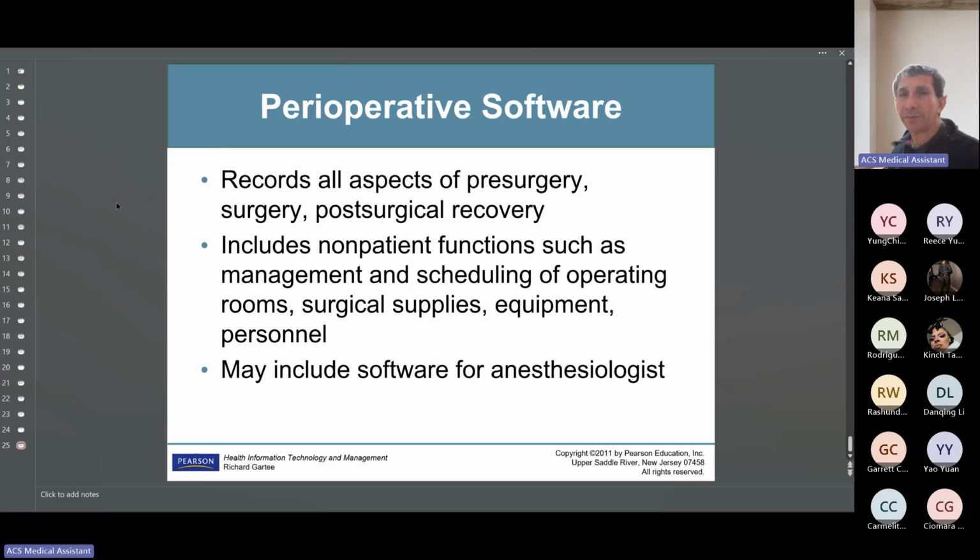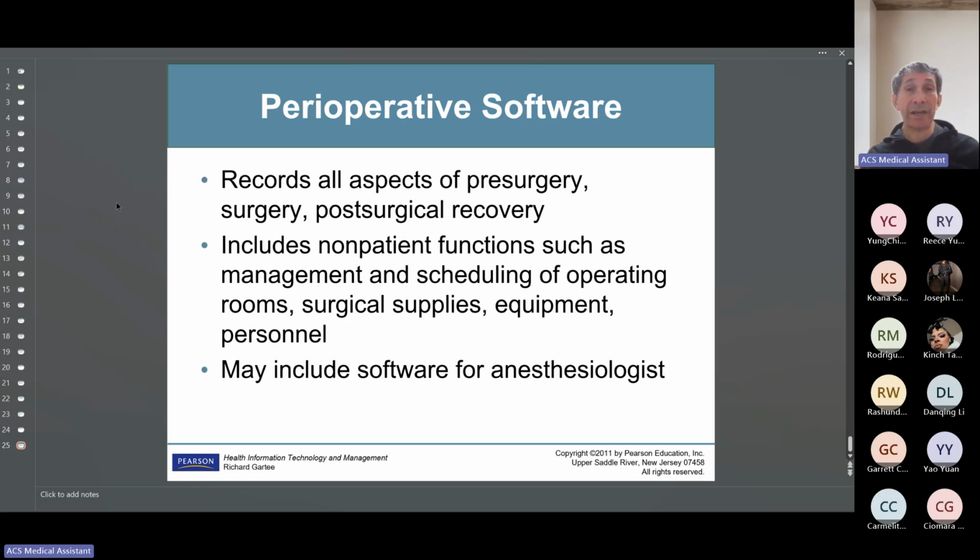Perioperative software. Now, these are software applications that we have from the moment that we order a surgical procedure for our patients, because it's going to record the preparation for the surgical procedure, all the instructions the patient has to follow according to what procedure the patient has to get.